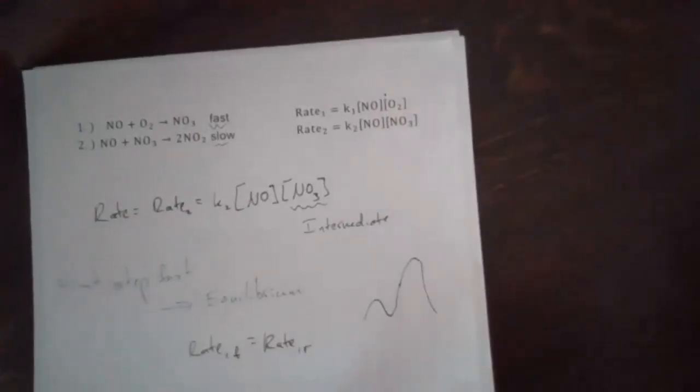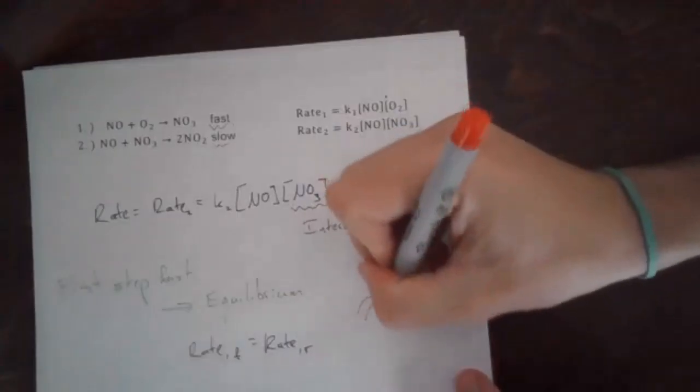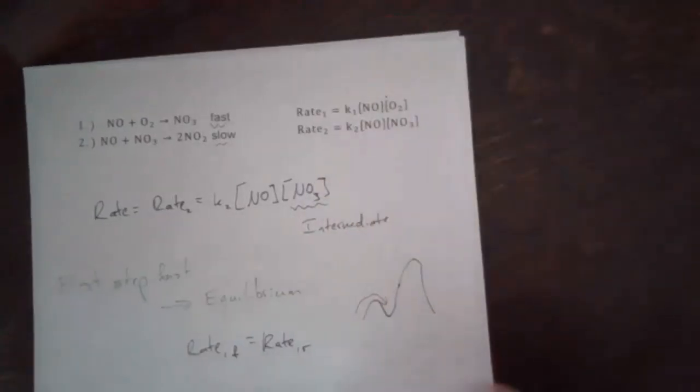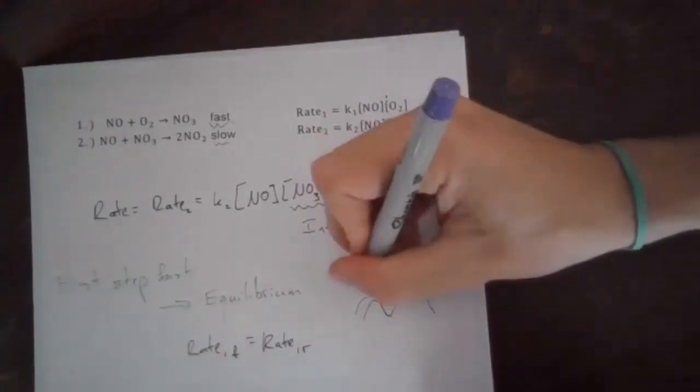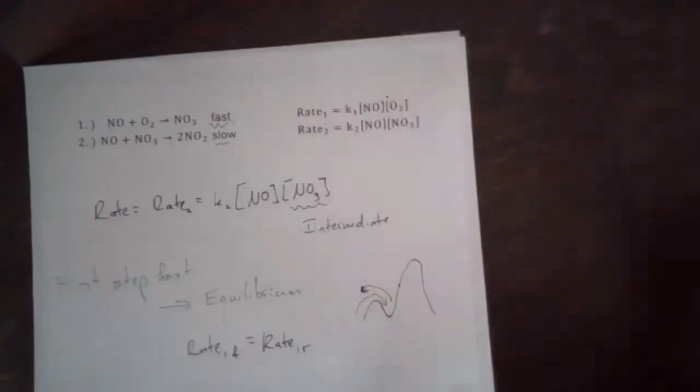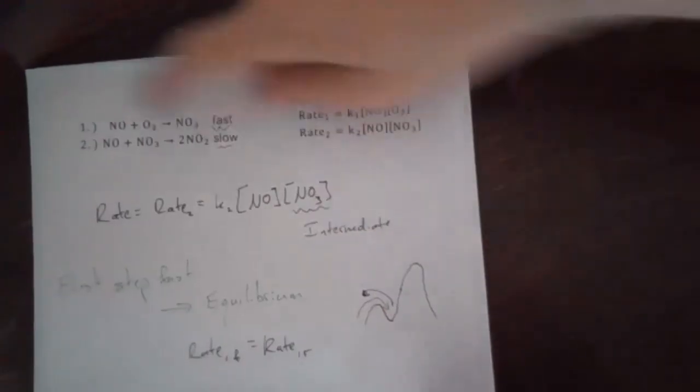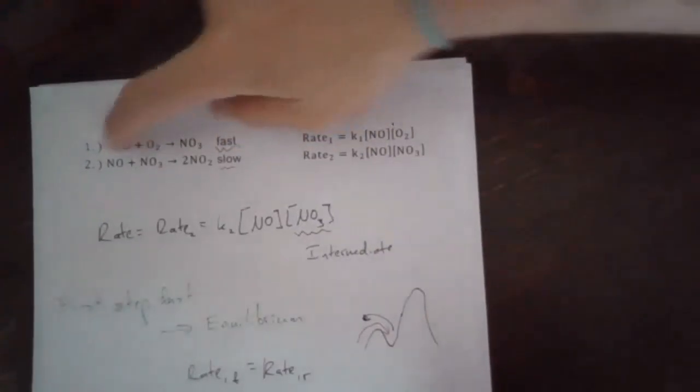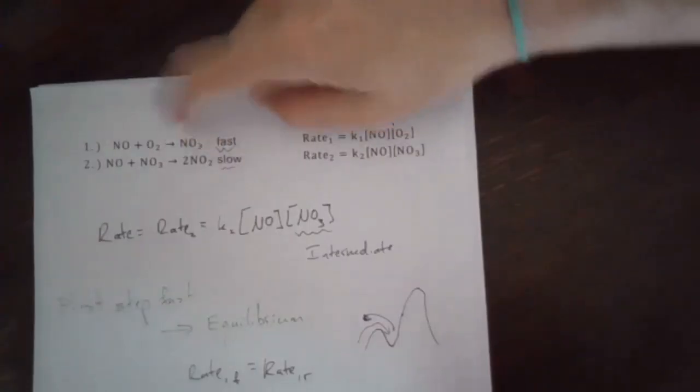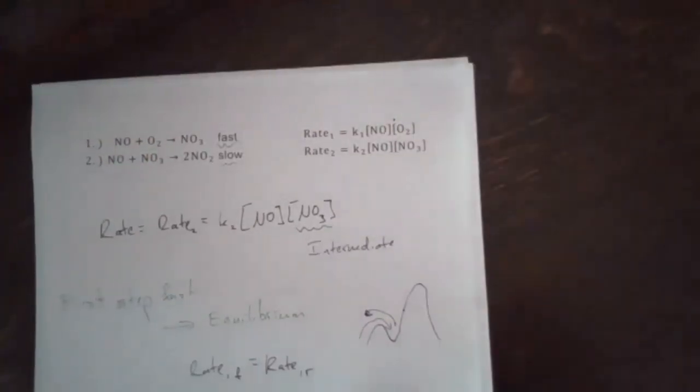So what's going to end up happening is you'd have some of the forward reaction happening, but at the same time, you also can have these backwards reactions happening. Just because we're saying NO plus O2 becomes NO3, NO3 can also change to go the other way. These are elementary steps. You're just rearranging bonds. Atoms don't have brains, so they can't pick a direction to go. They can just change in these ways.